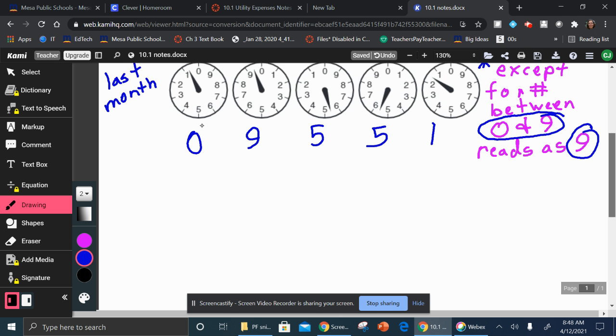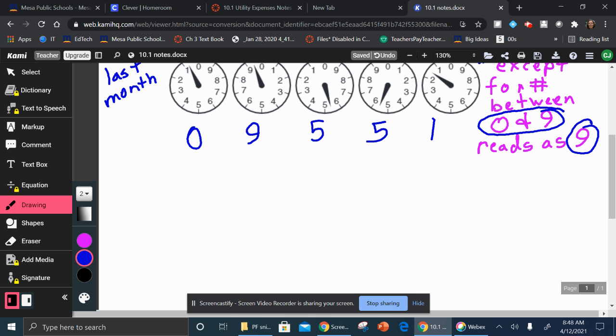Okay, so on these ones, everybody, let's look at an example with water, and we want to know how much water we used last month.